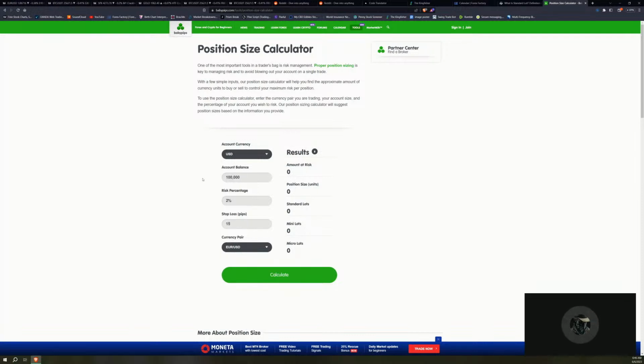So I've got a $100,000 account balance. I only want to risk 2% of my entire account at the most. Stop loss is 15 pips. That means I can risk 2,000, like we talked about earlier. So the position size, aka units, is going to be, let's just say you're trading over at Oanda and you want to just do units, then you can use that unit amount.